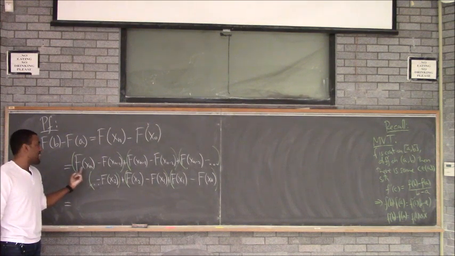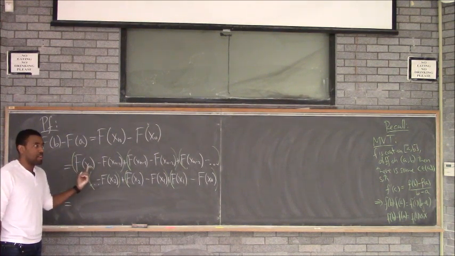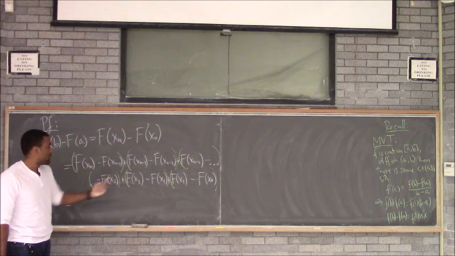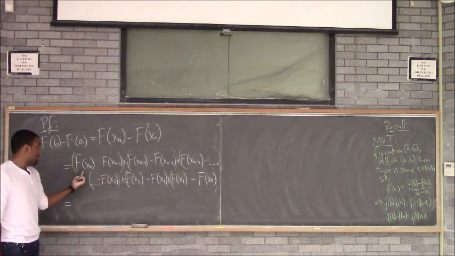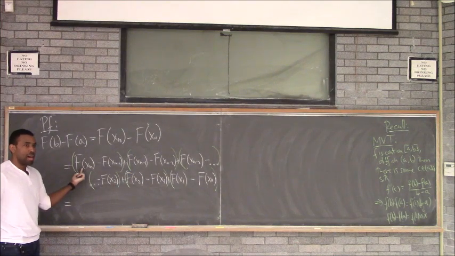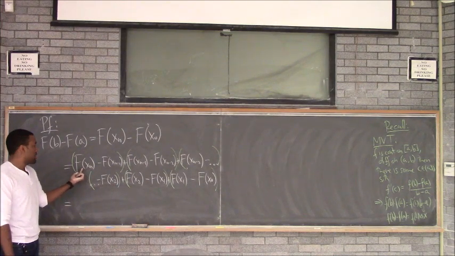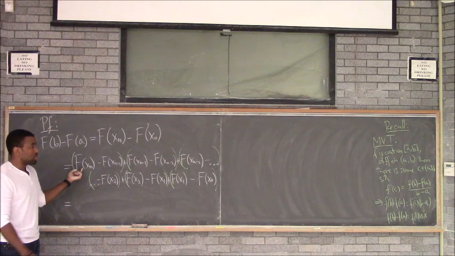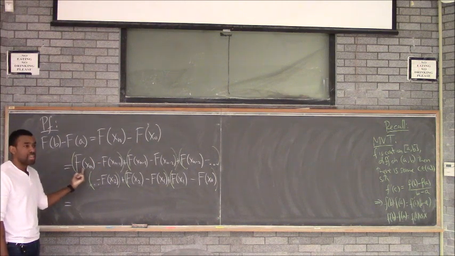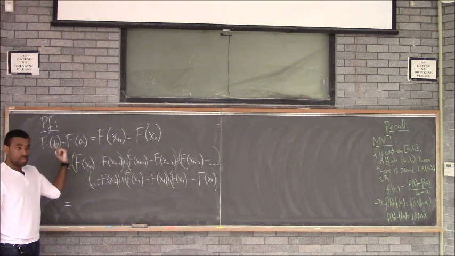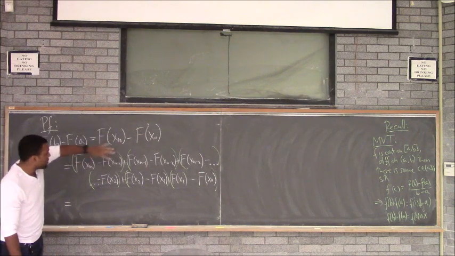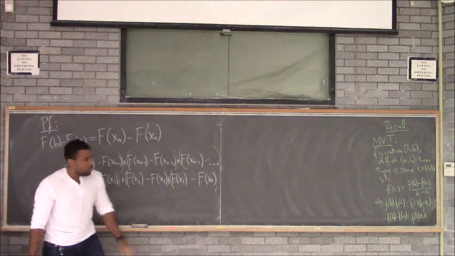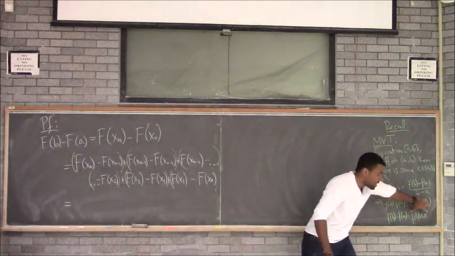So the mere fact that big F prime exists, in fact, I know who he is, he's little f. The mere fact that that exists means he's continuous and he's differentiable automatically, just by assumption. He has both of those properties, which means the mean value theorem applies to big F on this interval, which means I can replace each of these pairs with expressions that look like this.